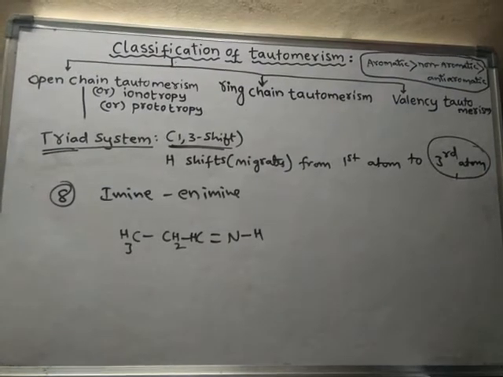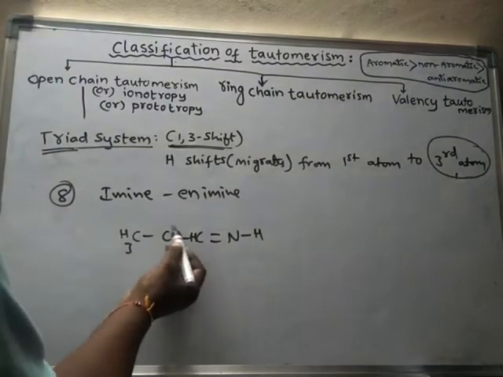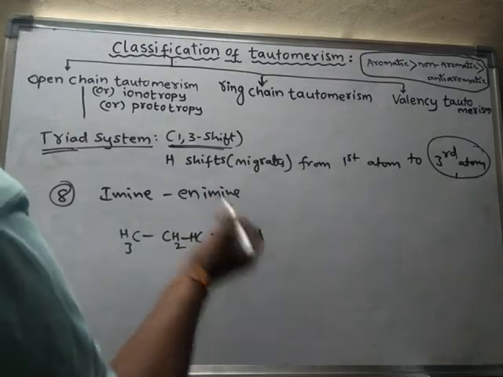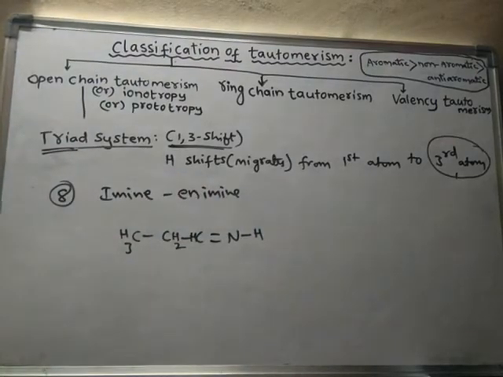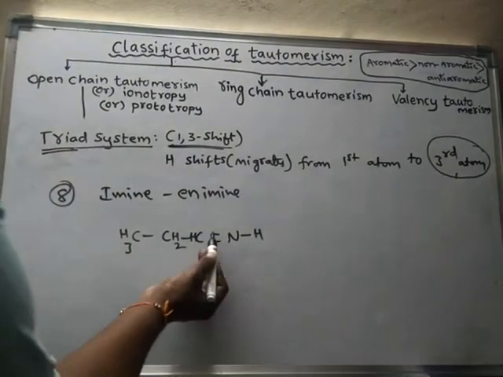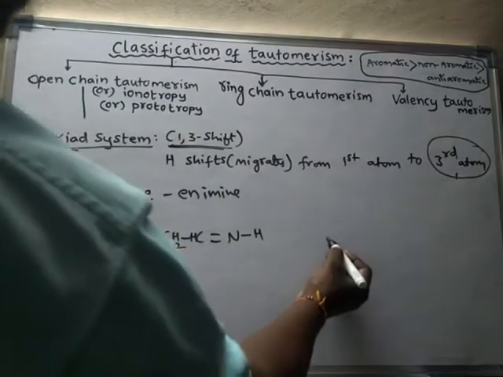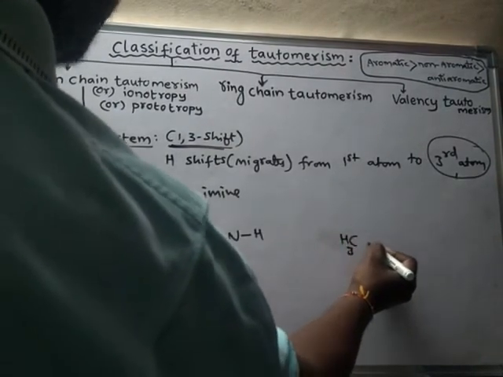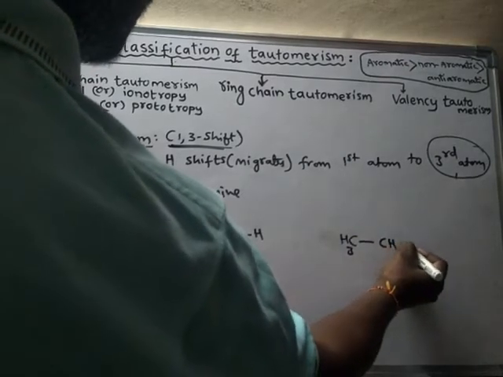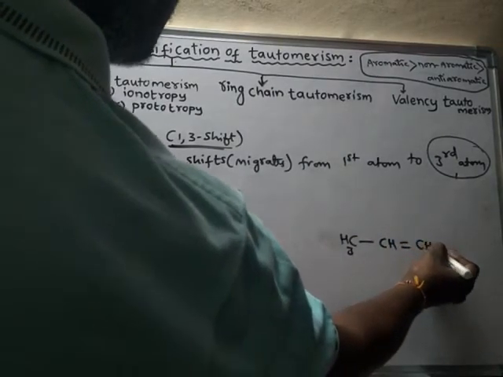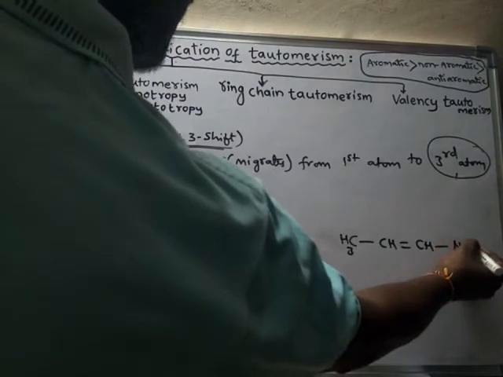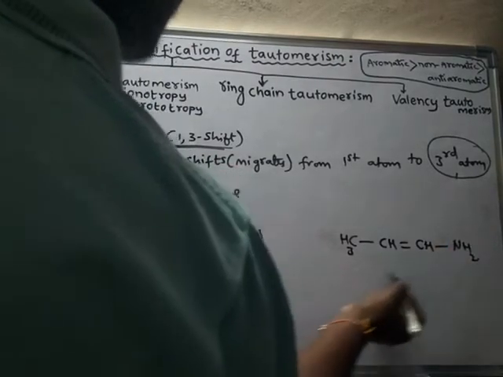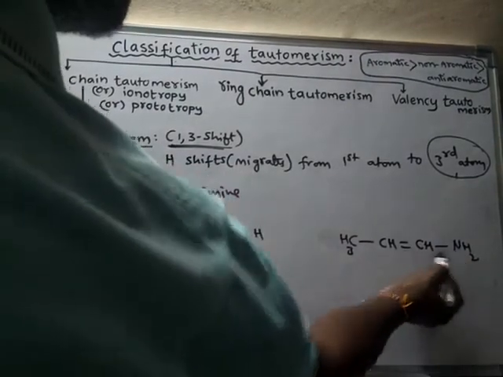So what happens? This hydrogen will move to this nitrogen and the double bond will move here. As a result, CH3, CH double bond, CH, single bond, NH2 will form.